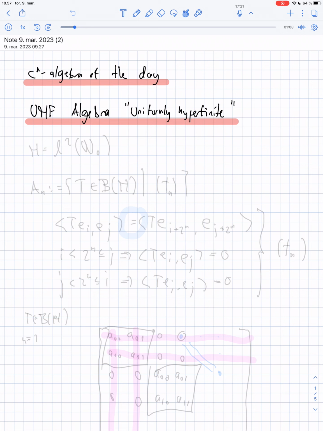I want to show you this particular C-star algebra as a subset of B of H, and I'm choosing a particular Hilbert space. Of course, all separable Hilbert spaces are isomorphic as Hilbert spaces, so it doesn't really matter which one we take. But for notational reasons, I want to think of this as little L2 of n0.